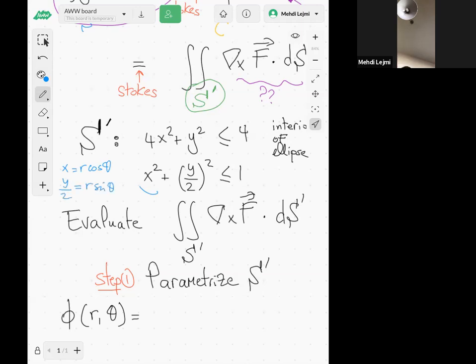In that way, if you do x squared plus y over 2 squared, that will be r squared cosine squared plus r squared sine squared. So r squared would be less than or equal to 1, which means that r is less than or equal to 1. Okay, so my y is 2r sine of theta.